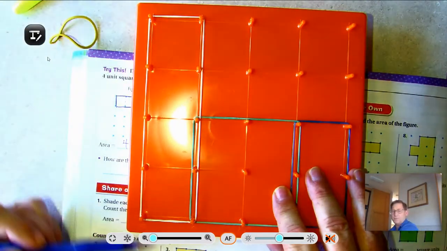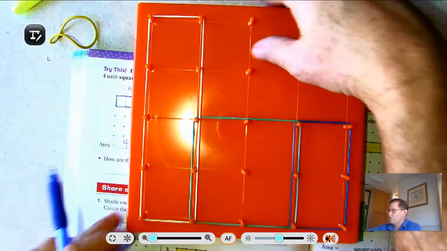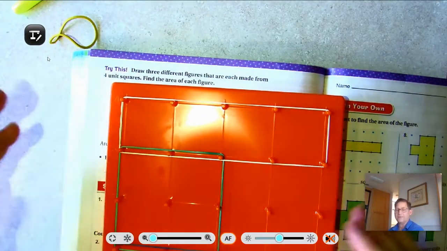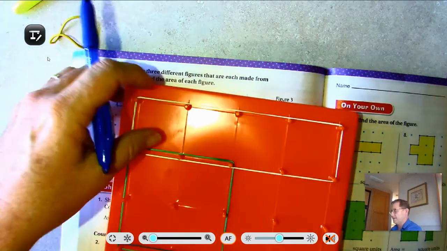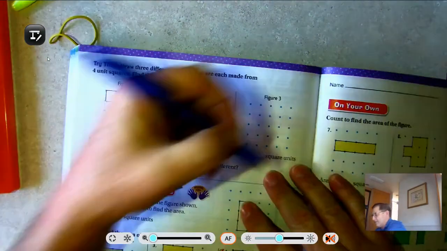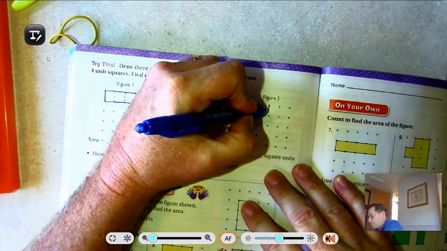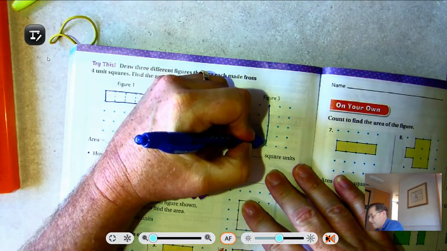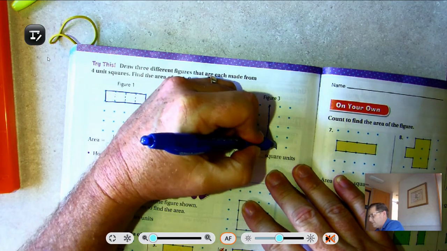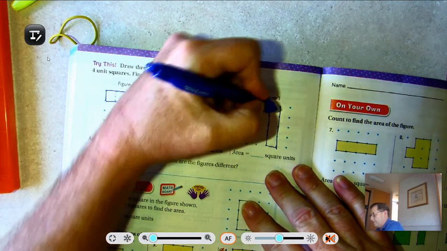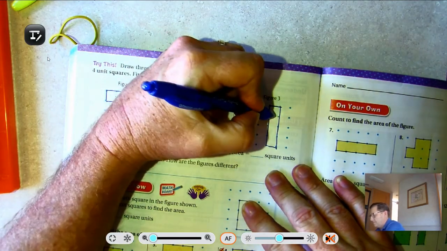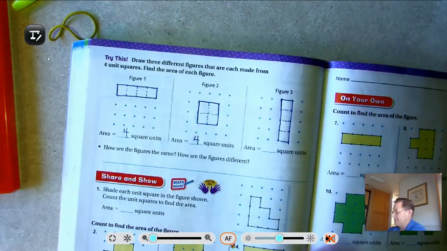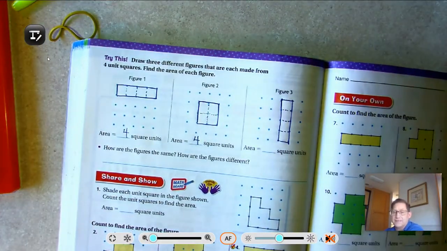This time it's going up and down vertically, or I can have the 4 square units going left to right horizontally. So they would be different figures. So we can go 4 down, 1 across, 4 up, 1 across. And if we put the dash lines in, you see that it still has an area of 4.